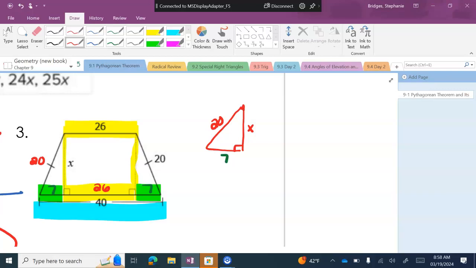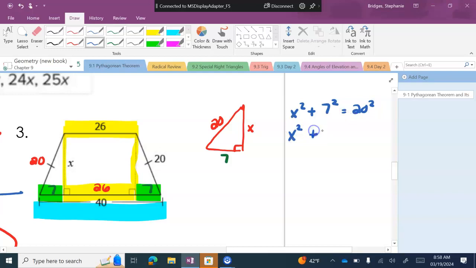It looks like a square, but we have to kind of keep just like this. But we do that at the side. Which one is my hypotenuse? X, 7, or 20? 20. All right. It doesn't matter how we set the other two up. I'm going to do x squared plus 7 squared equals 20 squared.